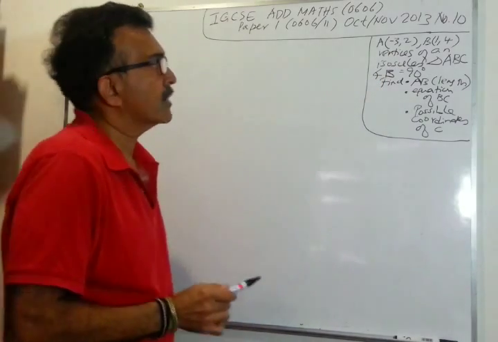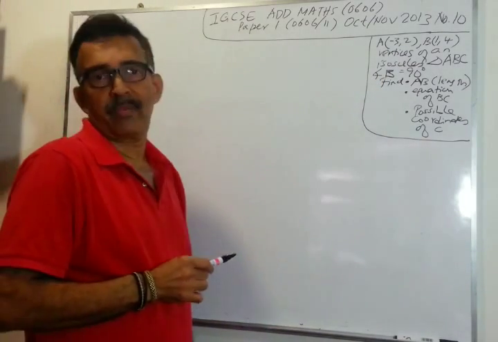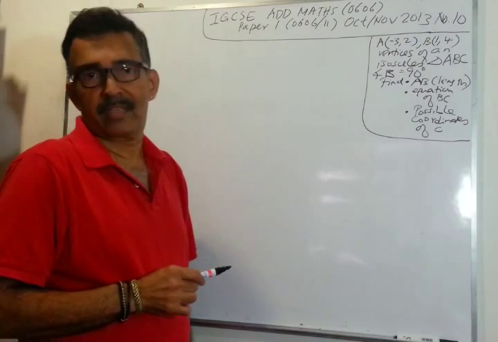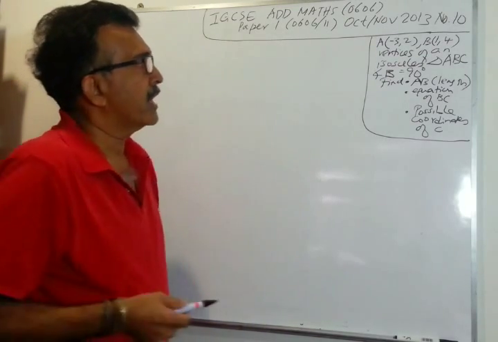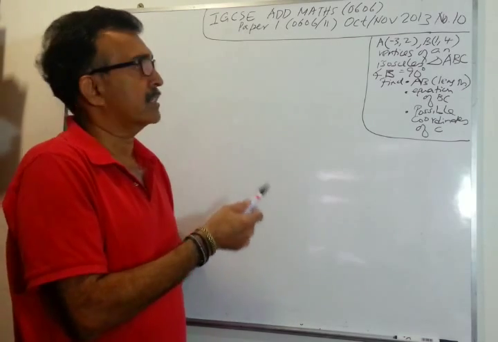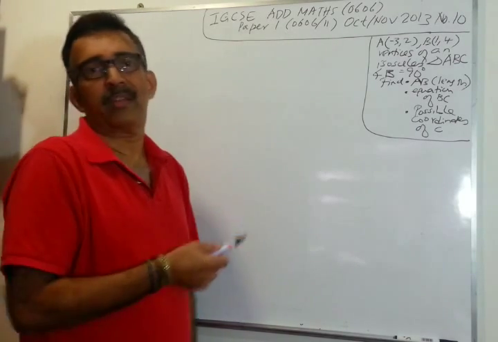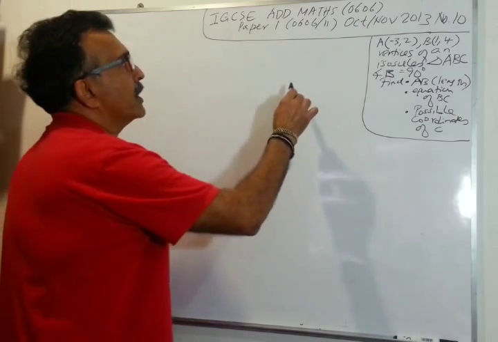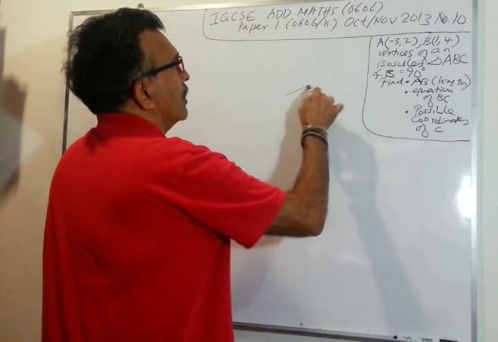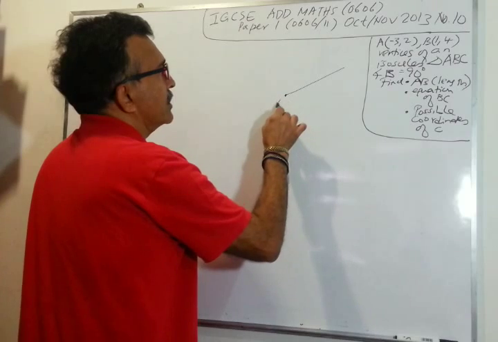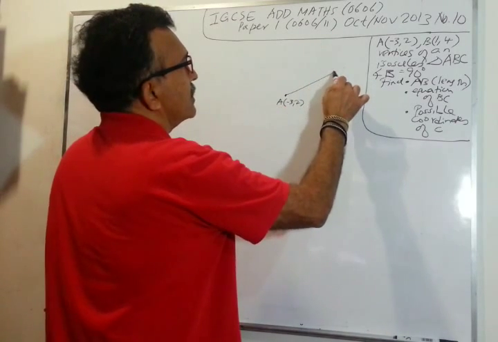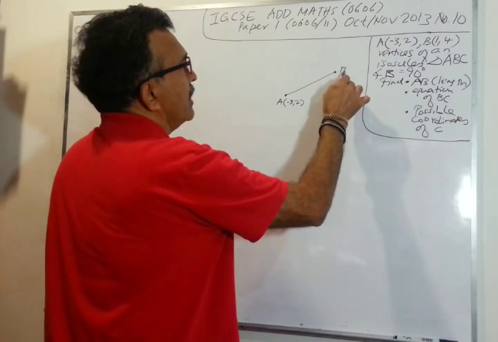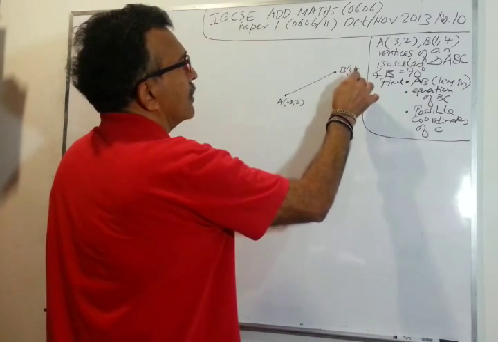Again, we are told that we have a triangle ABC. It is an isosceles triangle, and they gave us the coordinates of A and B, and they tell us that angle B is 90 degrees, and we are asked to find a few things. Let's have a quick sketch. Let's say this is A, -3, 2, and this is B, 1, 4.